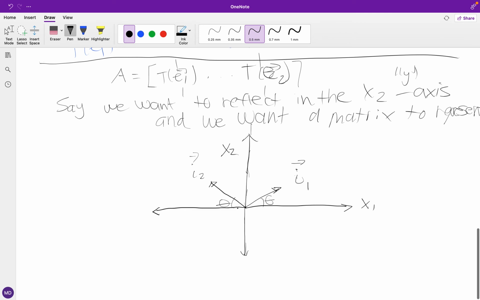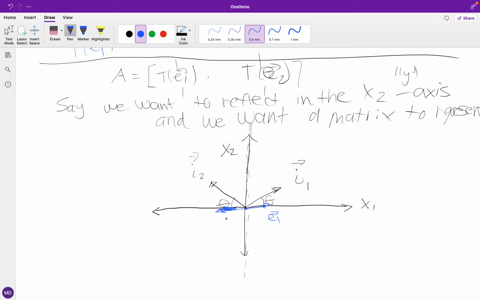But as we said, if we can find the transformation of E1 and E2, we can easily find the matrix. So let's think about what would happen if we took the vector E1 and transformed it by reflecting it in the y-axis. I think we could all see that if we were to reflect in this line here, E1 should end up here.